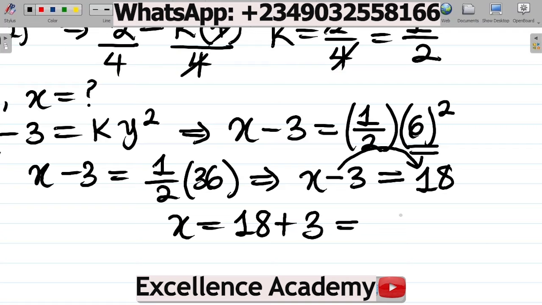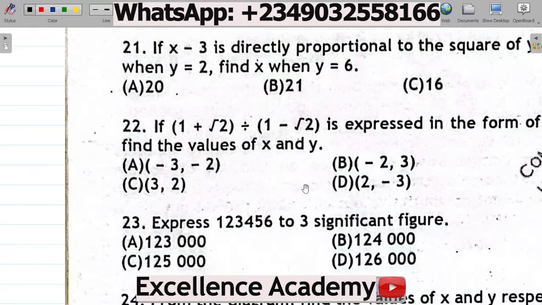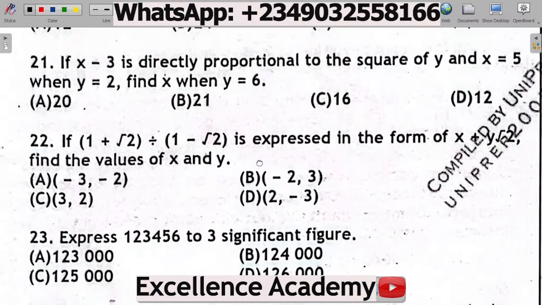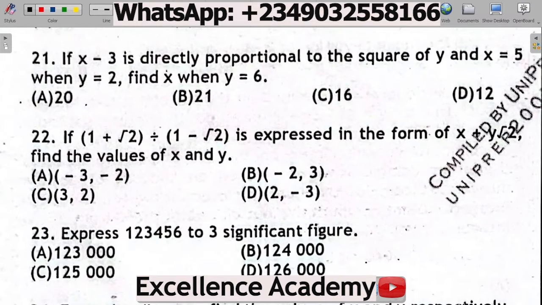That's equal to 18 plus 3, that gives you 21. So the value of x is equal to 21. So 21 is the correct answer. Let's see which option this is. So the correct option there is B, 21. That is your correct answer.